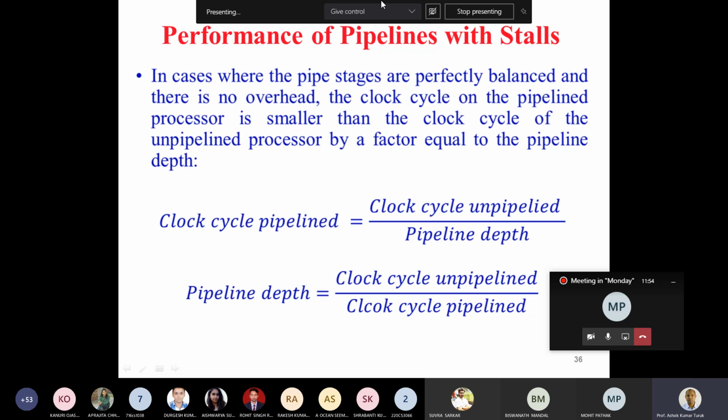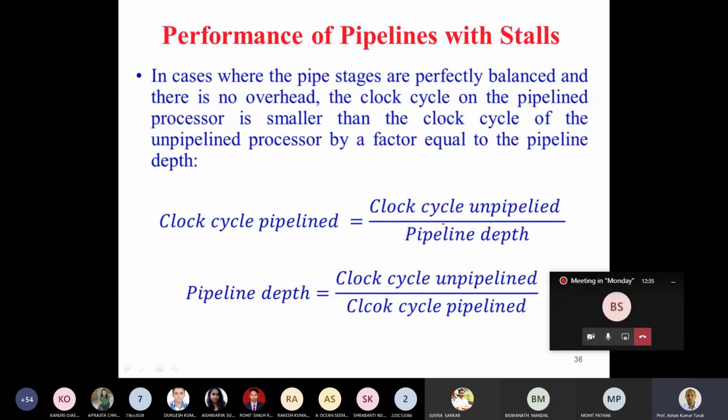So, assuming the stages are perfectly balanced and there is no overhead, the clock cycle of the pipelined processor is smaller than the clock cycle of an unpipelined processor by a factor equal to the pipeline depth. Simply, the clock cycle of a pipelined processor is equal to the clock cycle of the unpipelined processor divided by the pipeline depth.